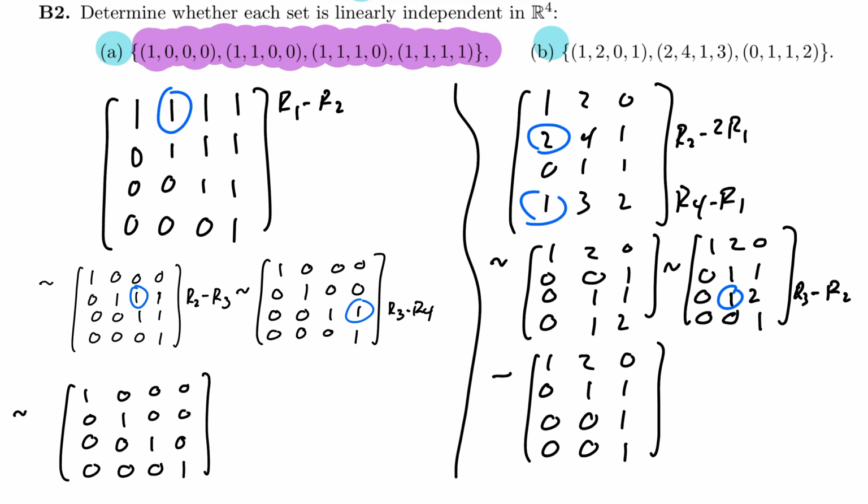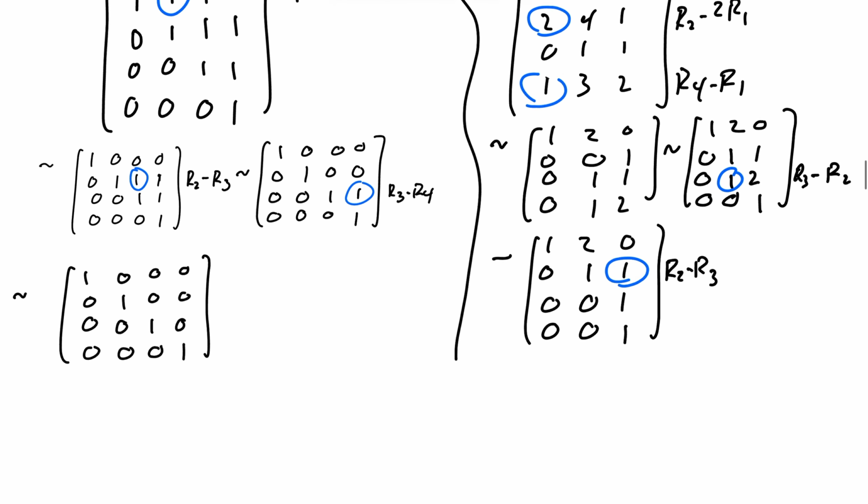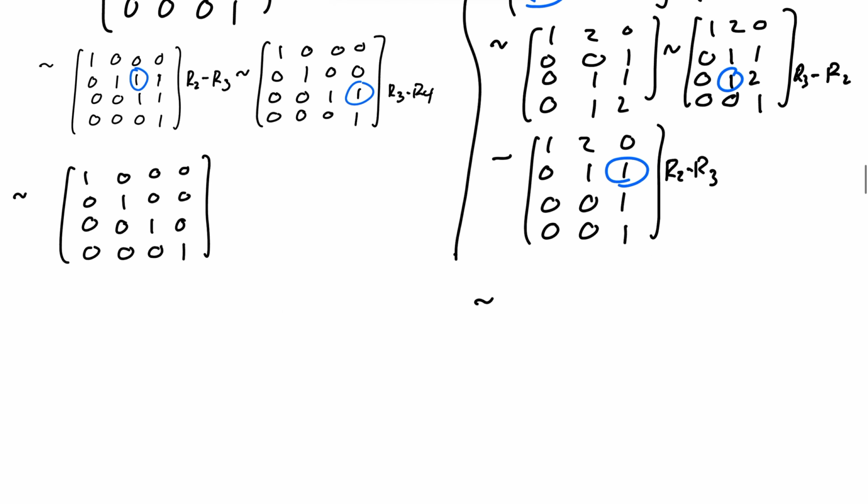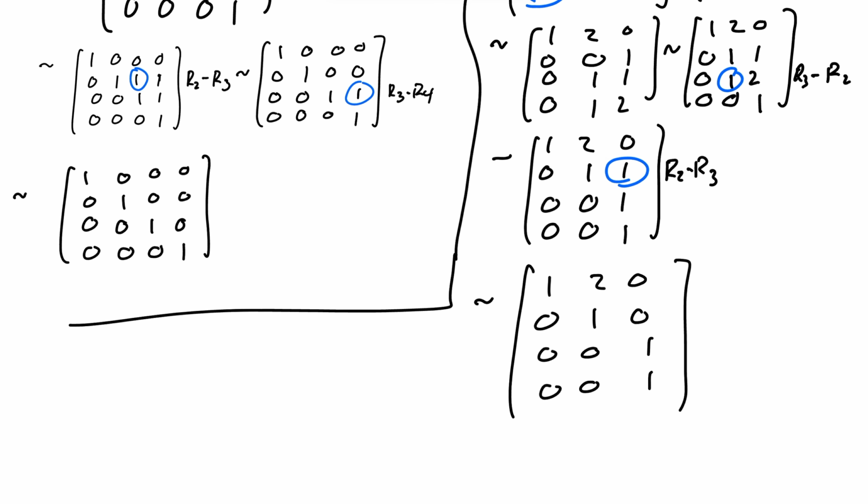Now I want to continue in this way. I want to make this entry a 0. So I'm going to take row 2 minus row 3. If I do row 2 minus row 3, the top row is unchanged. Subtracting 2 from 3, I get 0, 1, 0. And right away, as I'm doing this, I'm noticing I have two of the same rows.